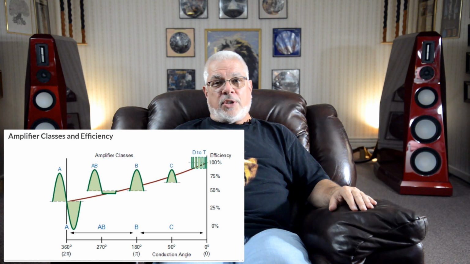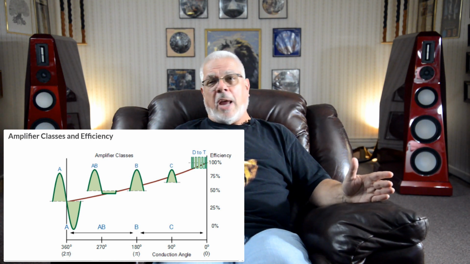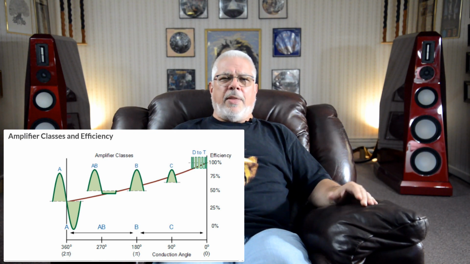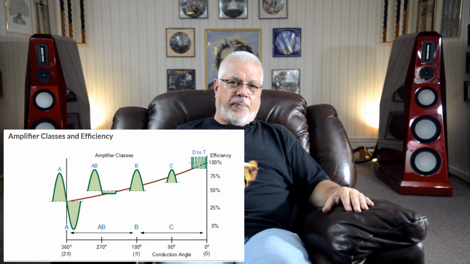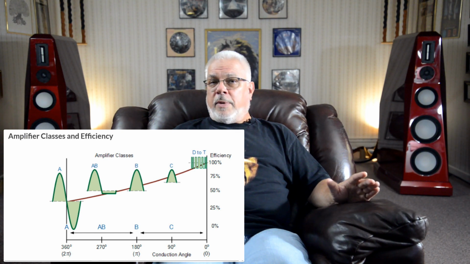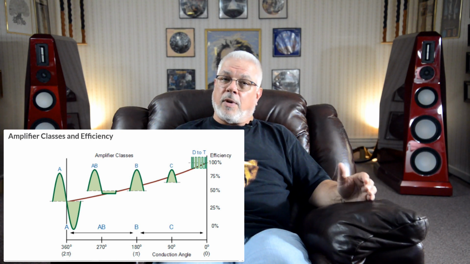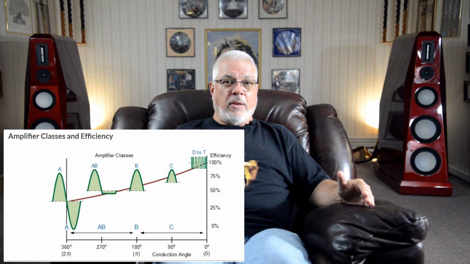Class D's strengths include their remarkable efficiency, typically 90% or higher. They run exceptionally cool, and they can offer tremendously high wattage output to weight ratios. Some even may be driven directly from a digital source, as they can convert that digital signal directly to a pulse width modulation signal to drive the amplifier.